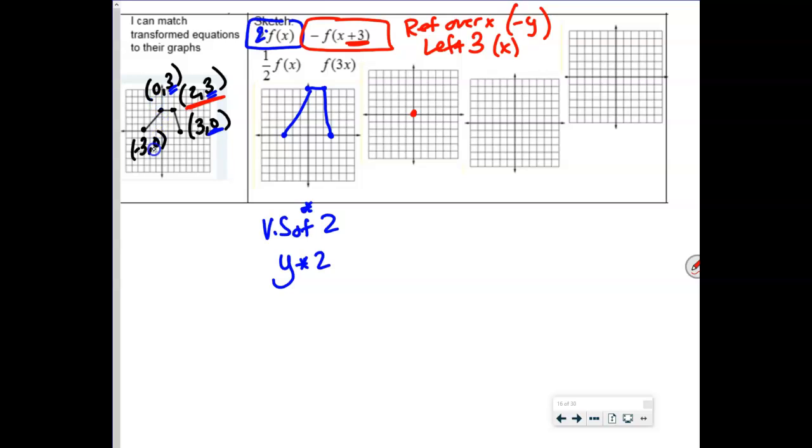And then if you reflect it across the x-axis, you're going to be at -1, -3. 0, 3, if you shift everything to the left, you're going to be at -3, 3. 1, 2, 3. And then again, reflecting it down here. I don't think I counted right. Okay, I'm good.